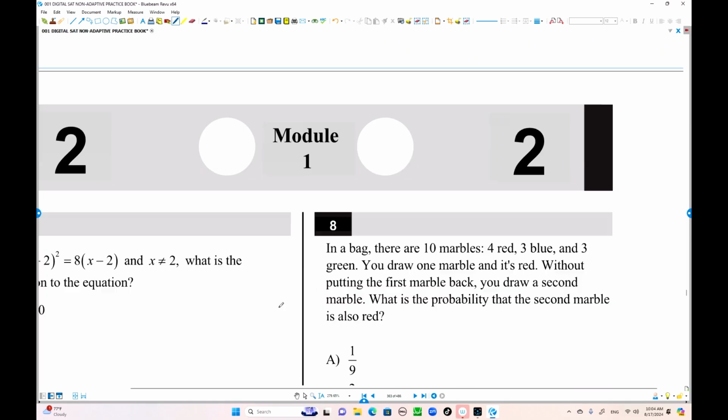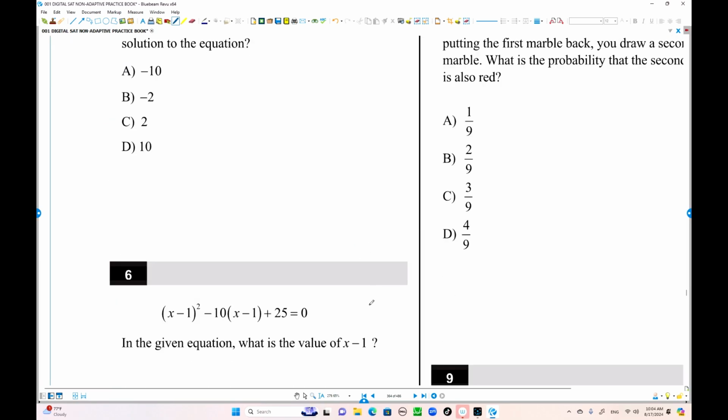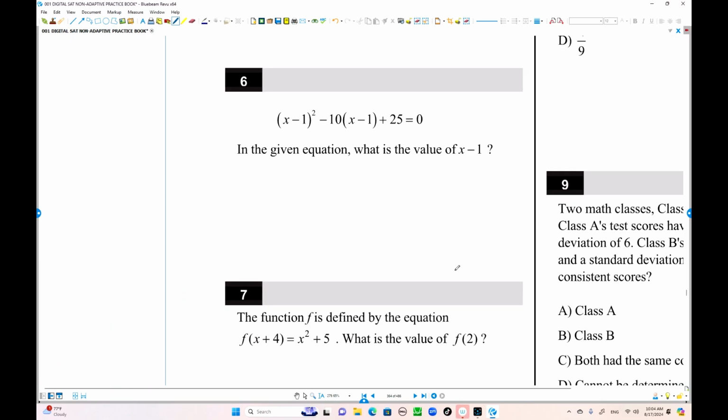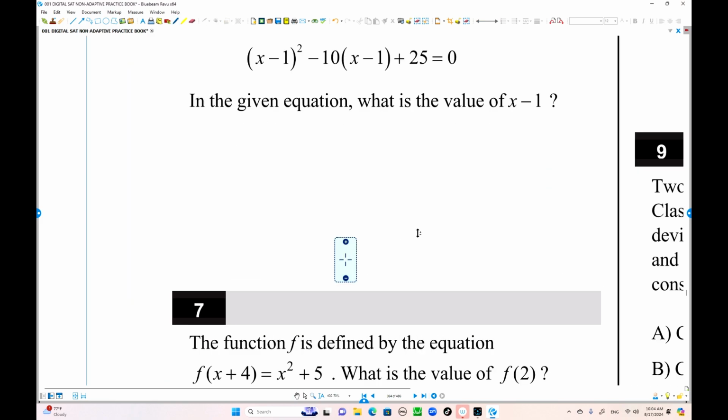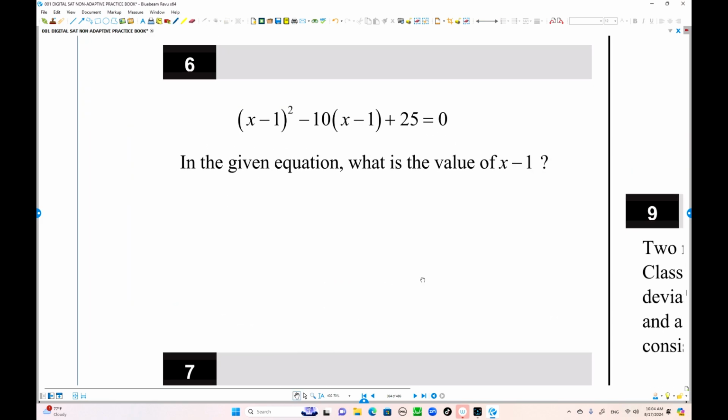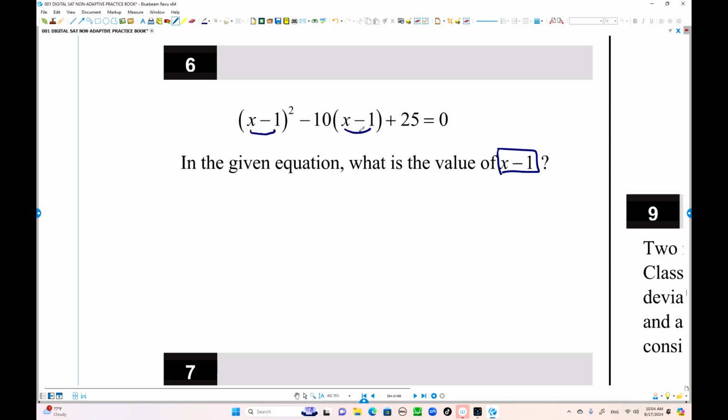All right, here we go, number 6. We have a quadratic equation. What is the value of x minus 1? That's the keyword: x minus 1, not asking x. This is an x minus 1 term, another x minus 1 term.